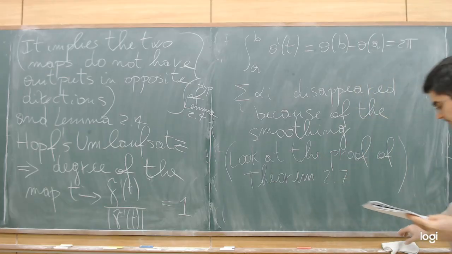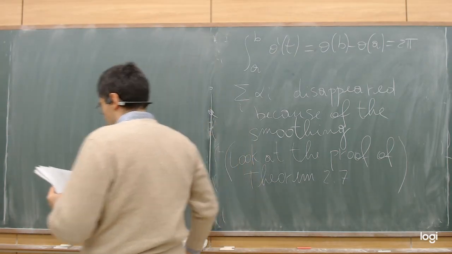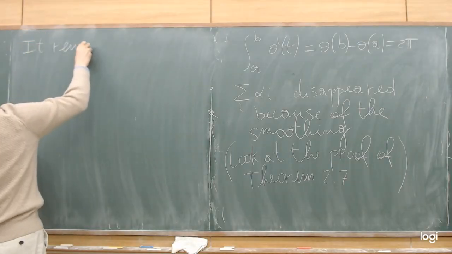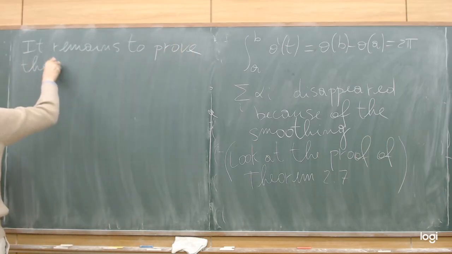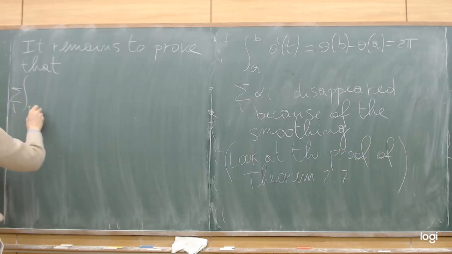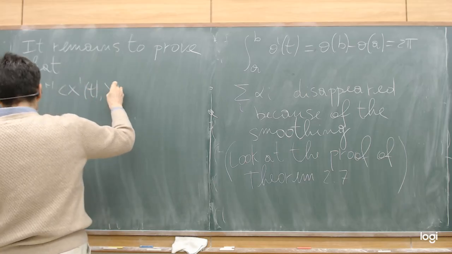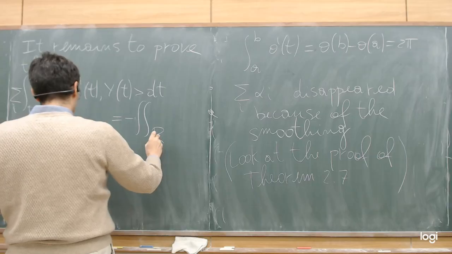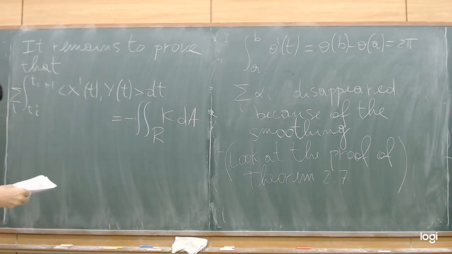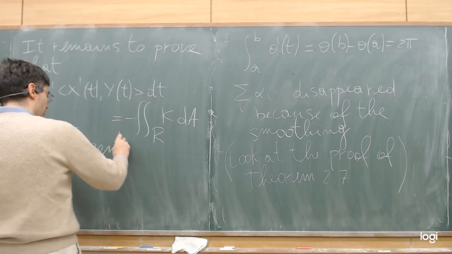Okay, so it remains to prove that the sum on I of the integral from ti to ti plus 1 of x prime t y t dt is equal to the integral over r of k dA. For proving this, we use Green theorem.